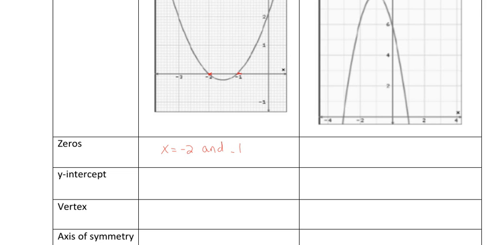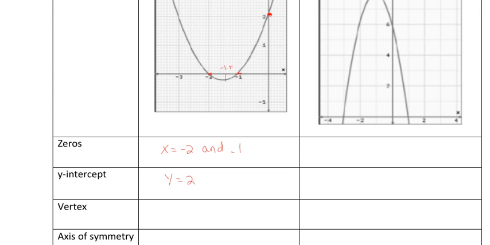Y equals 2. How about the vertex? Where is your vertex? It's in between the -1 and the -2, right? It's in the middle between them, because remember that the vertex has to be in the middle. It's the axis of symmetry. Because of the symmetry, it has to split it in half, right? So it's about -1.5.